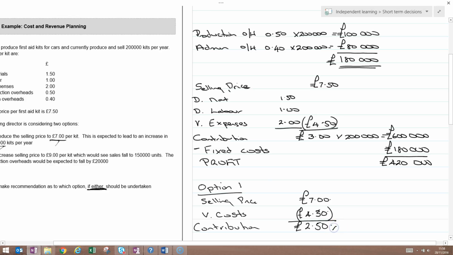So our contribution per unit multiplied by 210,000 units gives us a total contribution of £525,000.